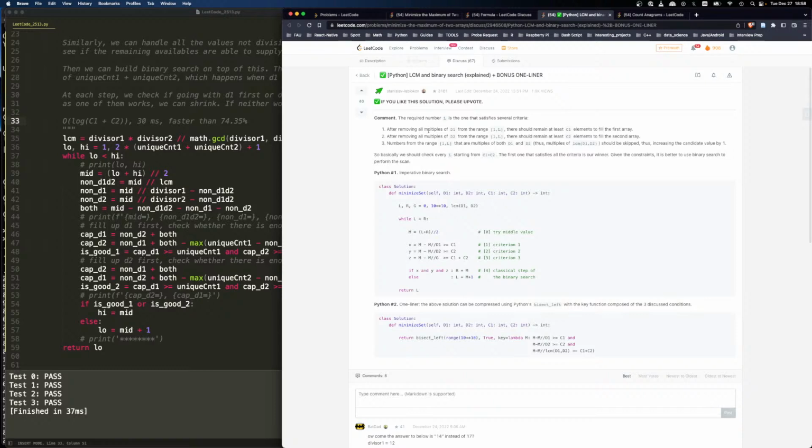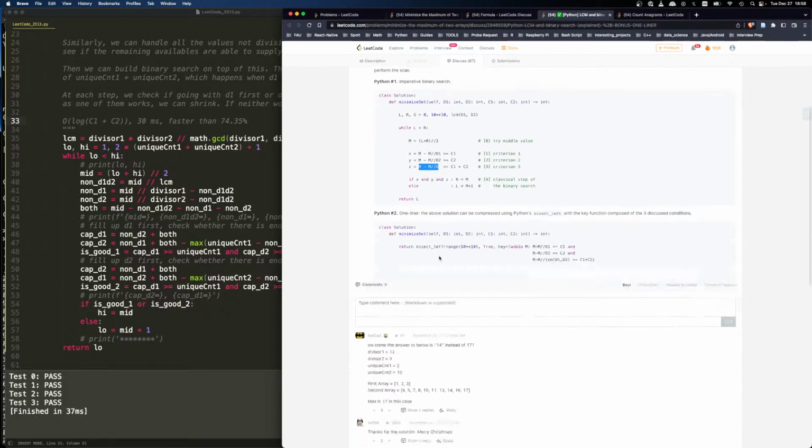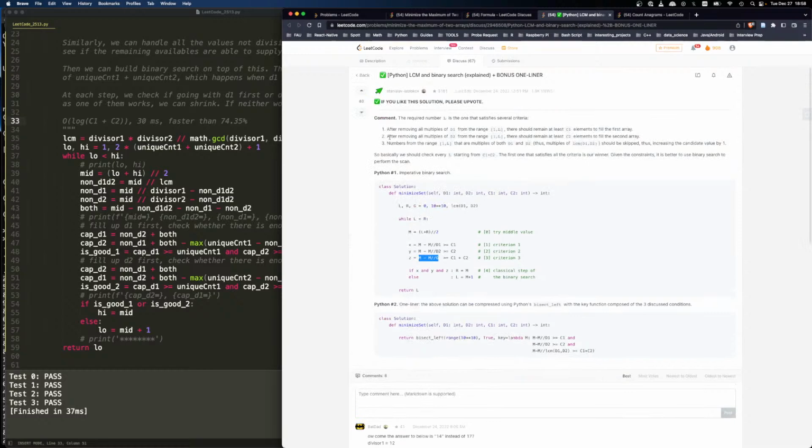Three criteria. Oh, that makes sense, right? So these are total capacity for 1, total capacity for 2, and total capacity for both. Oh my god. Wow. Magnificent.